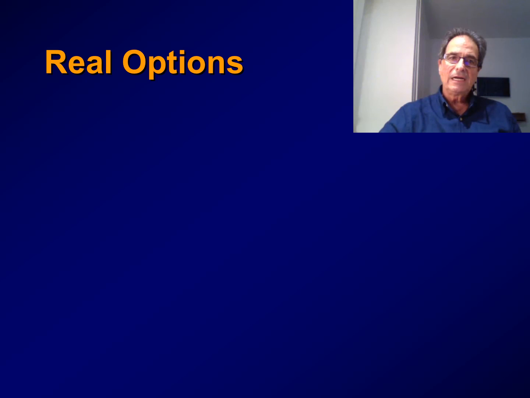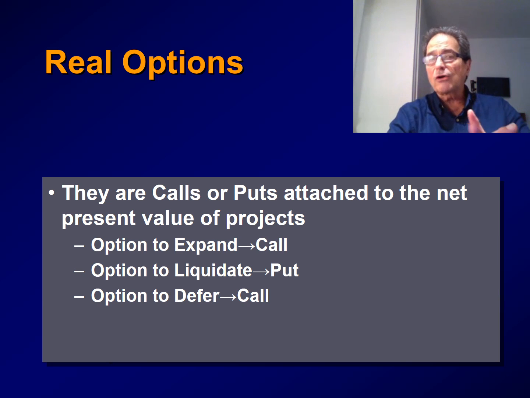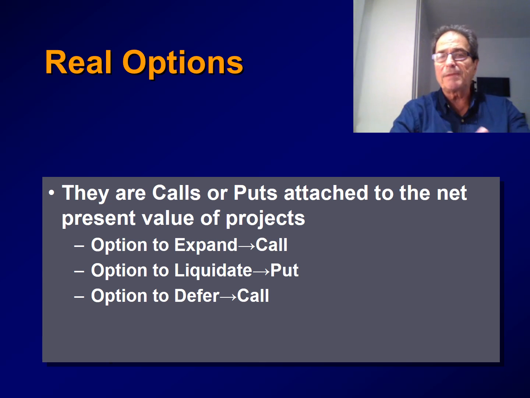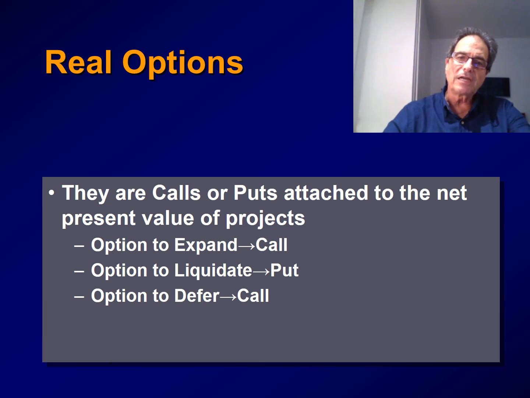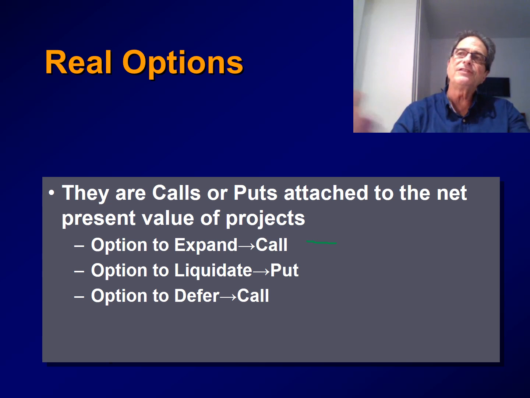Now let's explain real options. Real options are calls or puts attached to the net present value of projects. There are three very important real options. One is the option to expand. For instance, if I have a factory and things go very well in the future, I usually have the option to expand the factory.